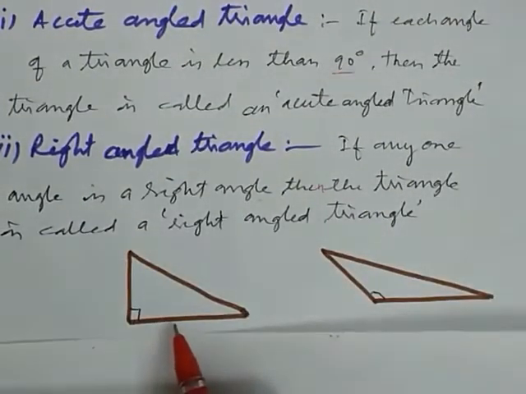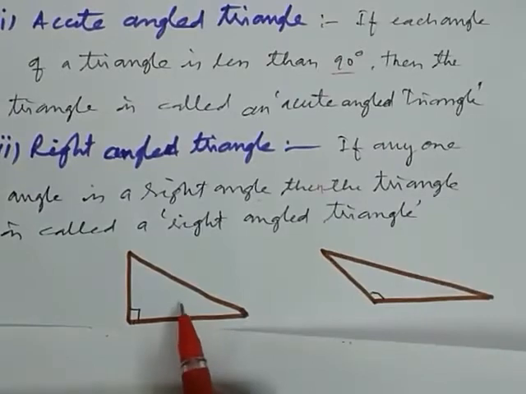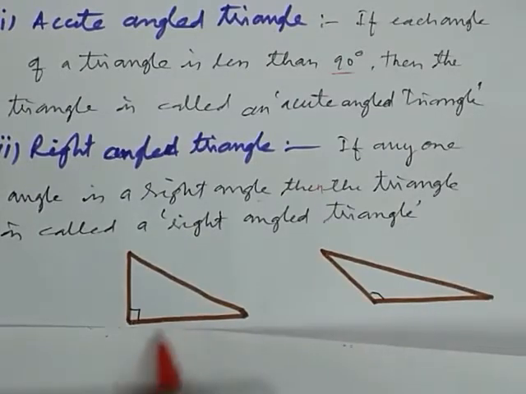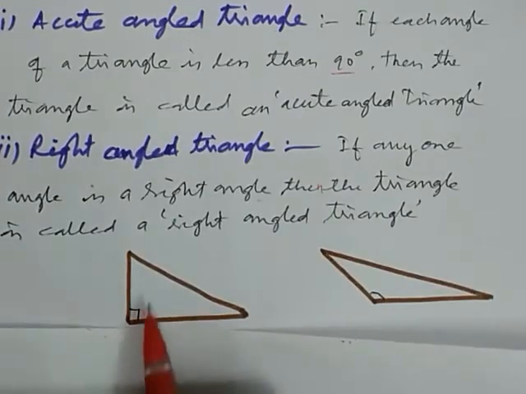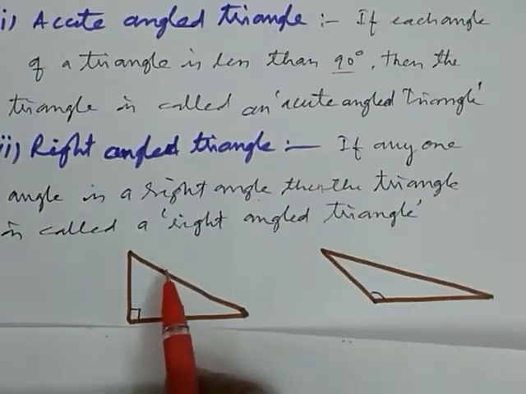This is a figure of a right angled triangle. Okay. In this type, one angle is a right angle. So this is a right angled triangle.